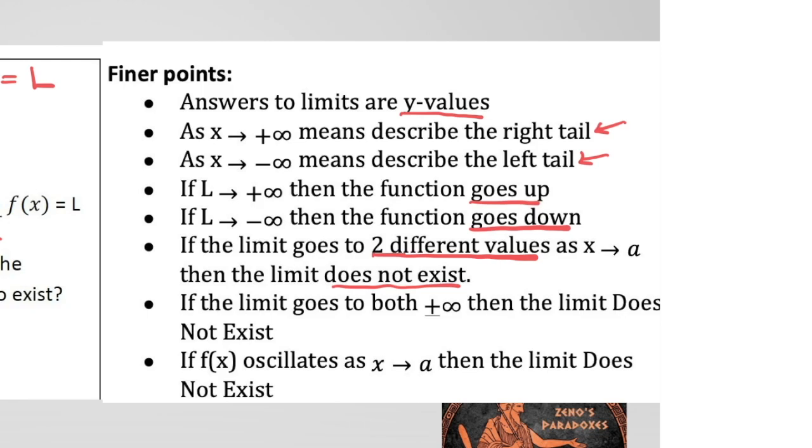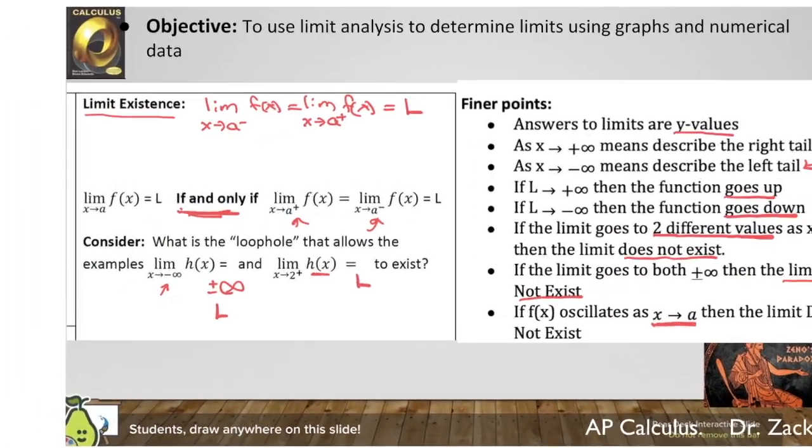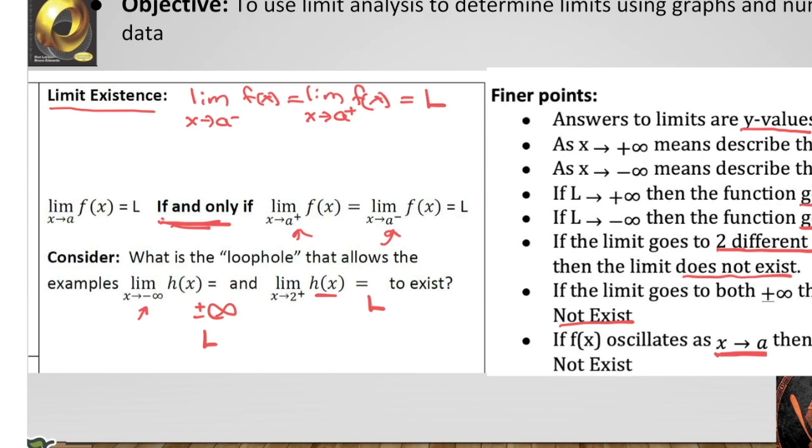If your limit goes to both positive and negative infinity, then the limit does not exist. If your function oscillates as x is approaching some value, then your limit does not exist. So, limit existence: the limit from the left must equal the limit from the right, must equal some number L, or even possibly positive or negative infinity.